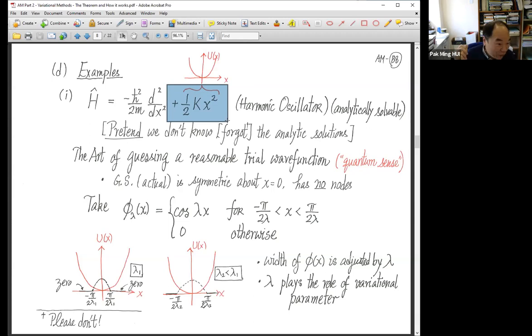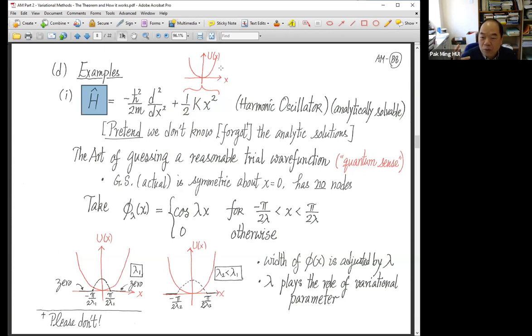If you forget that, well, that's unforgivable. But pretend, let's say, we forgot. Okay, so now the problem is that we have the H. The potential energy function is a parabola, okay?